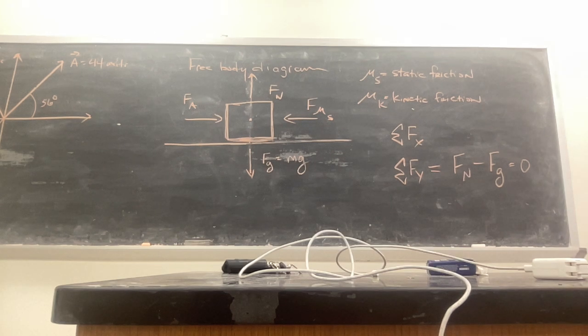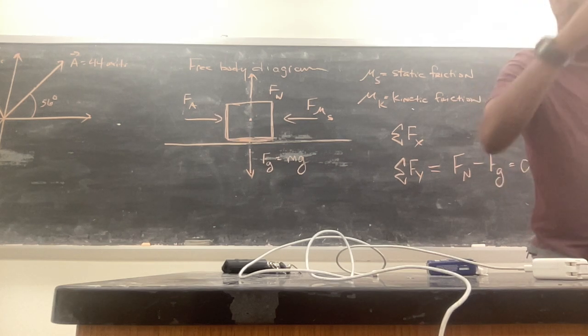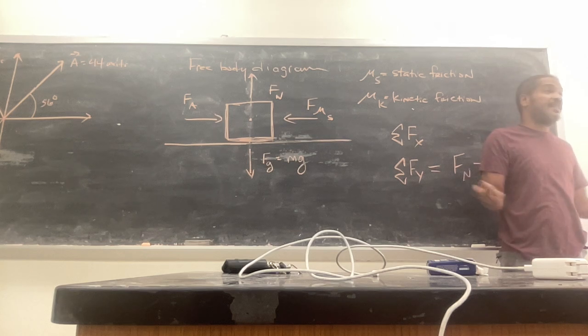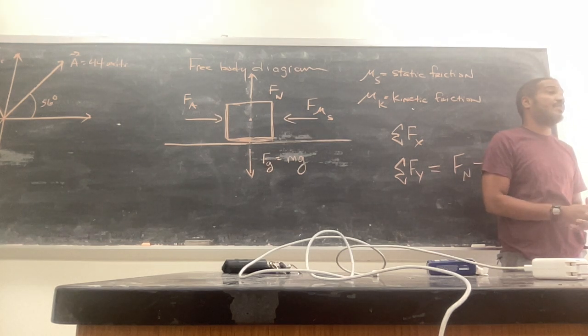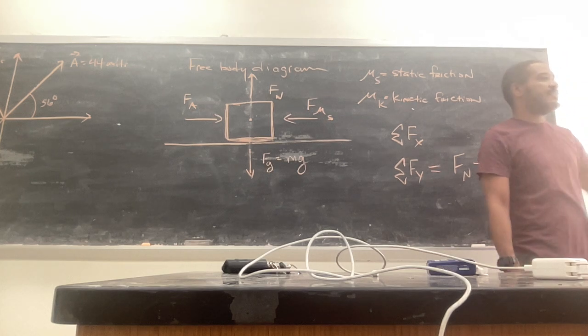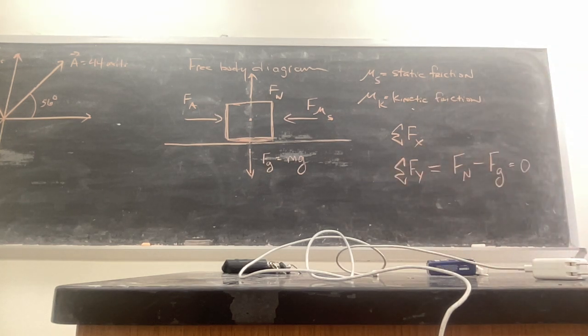That is the hard part of the free body diagram, but it's really not hard at all once you understand what's going on. The difference is whether the object is moving or not. Those are the only two situations there are.